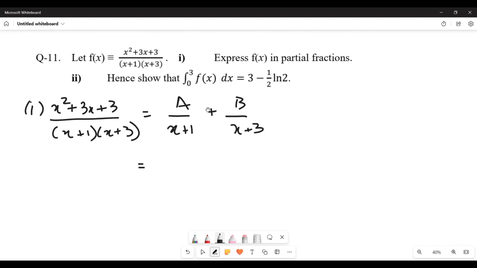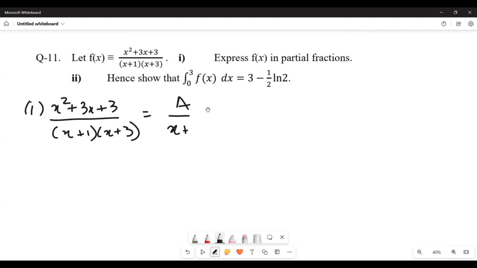Take LCM here. मैम, पहले लॉन्ग डिवीजन नहीं करनी चाहिए थी, इम्प्रॉपर फ्रैक्शन है ये. हाँ, yes, definitely. ठीक है, my bad.